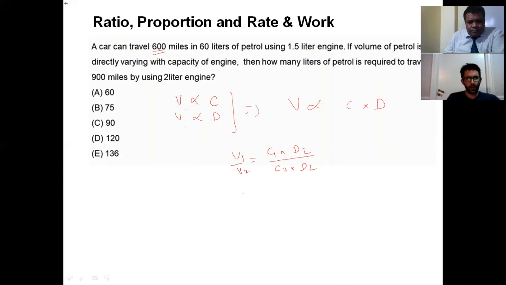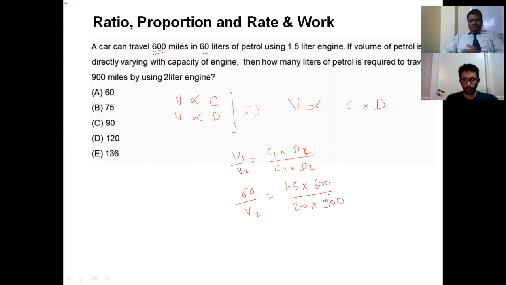75, the answer? V1 is 60. V2 is what we're asking. C1 capacity is 1.5, and the distance is 600, divided by capacity 2 and distance 900.